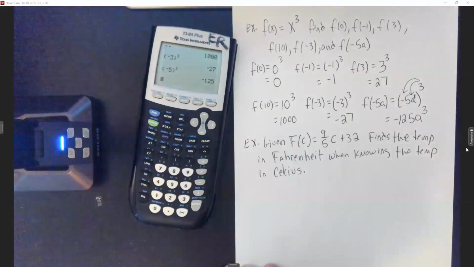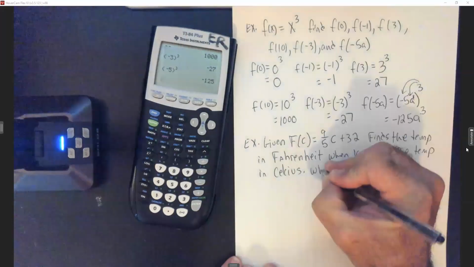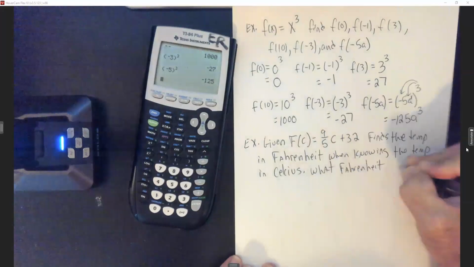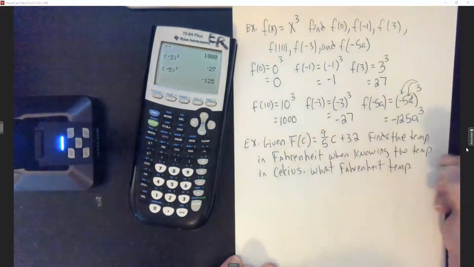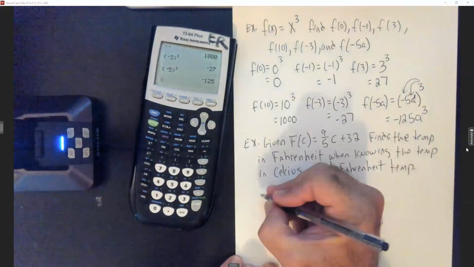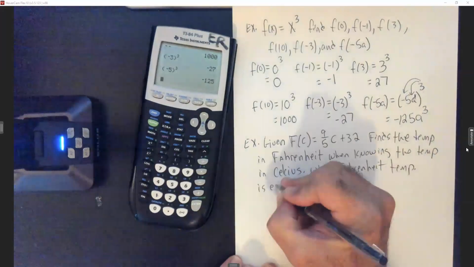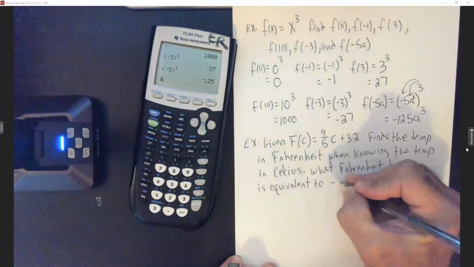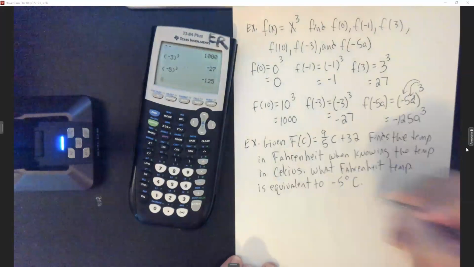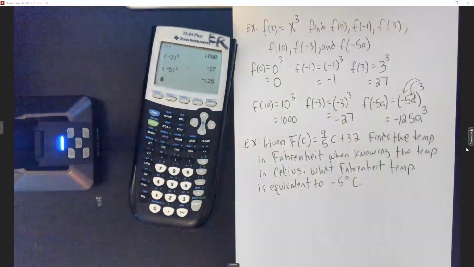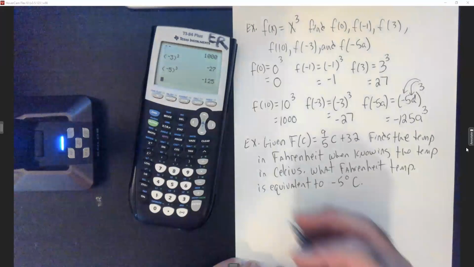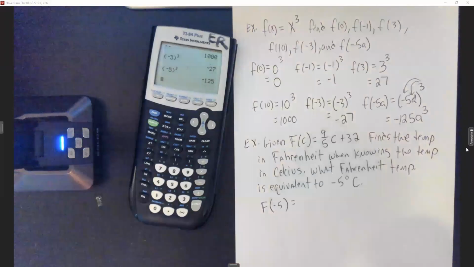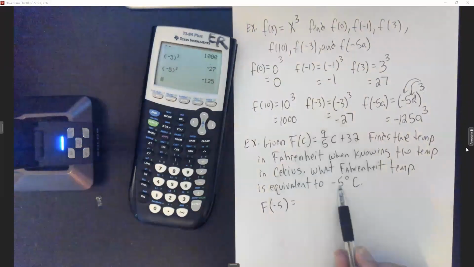So what they want to know is what Fahrenheit temperature is equivalent to -5 degrees Celsius. So really what this means is I'm finding F of -5, because that's the temperature in Celsius, right?